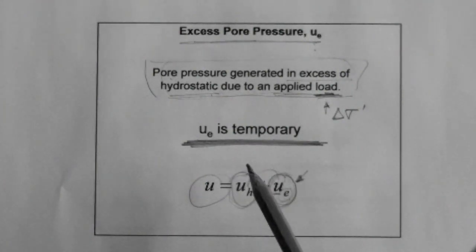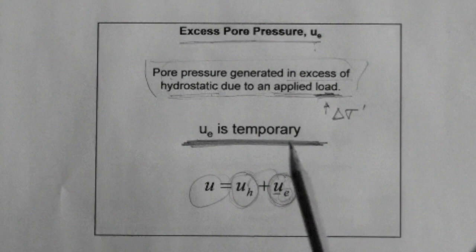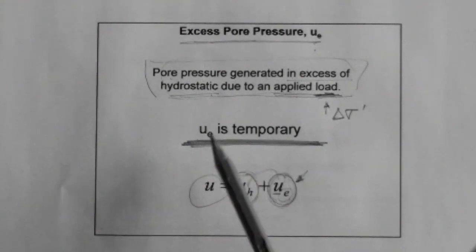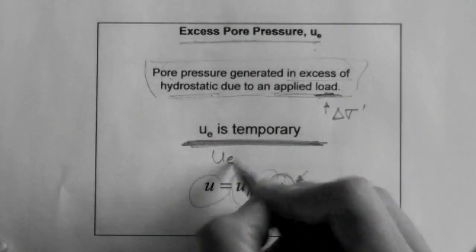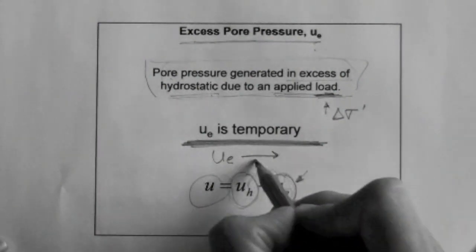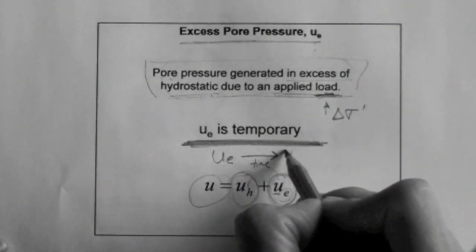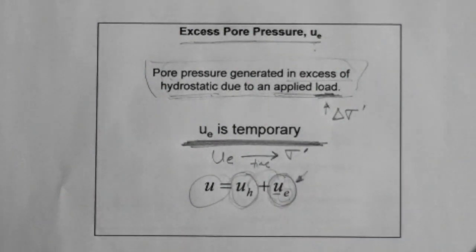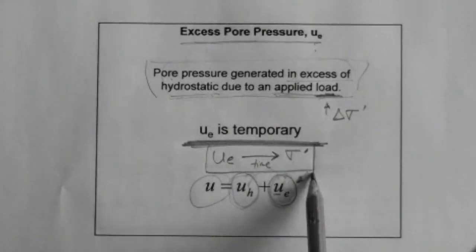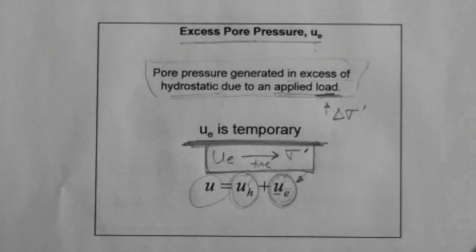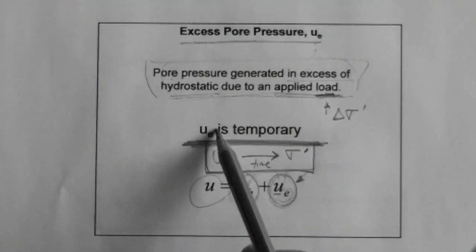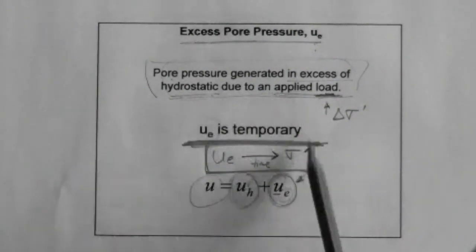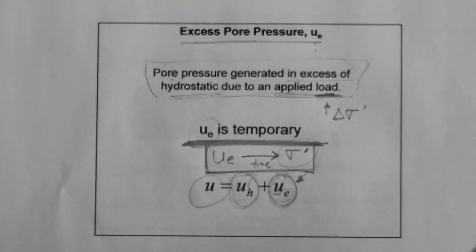But as the water escapes, the UE is transferred to sigma prime. So the load that is initially carried by the water, in time, is transferred to the particles, so that now the particles carry whatever load was imposed. So eventually UE becomes zero, and all of what UE was is added to the initial effective stress.